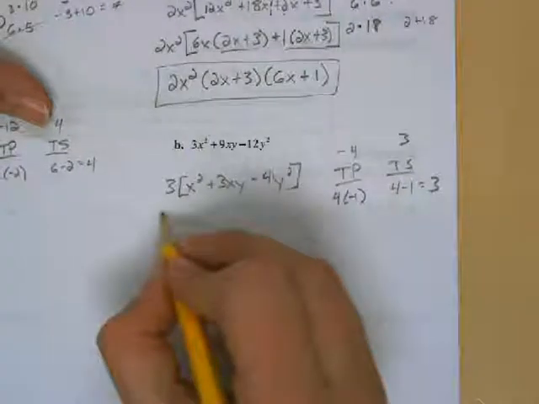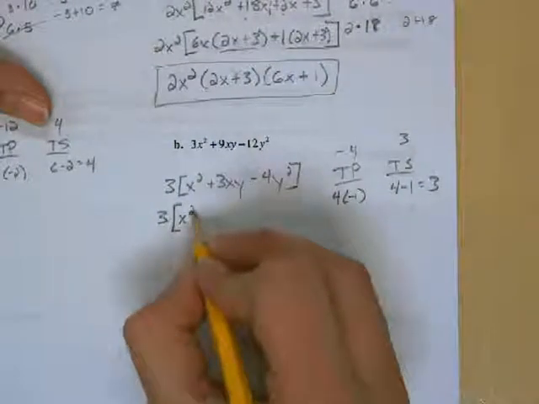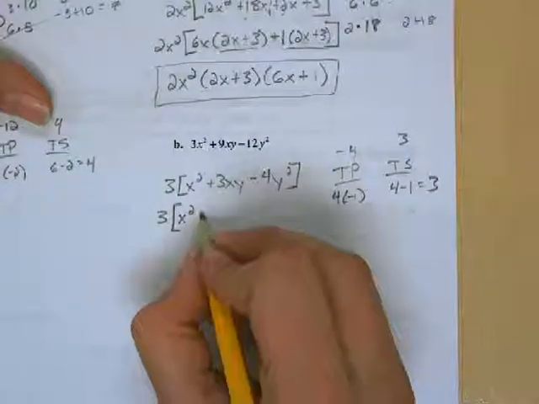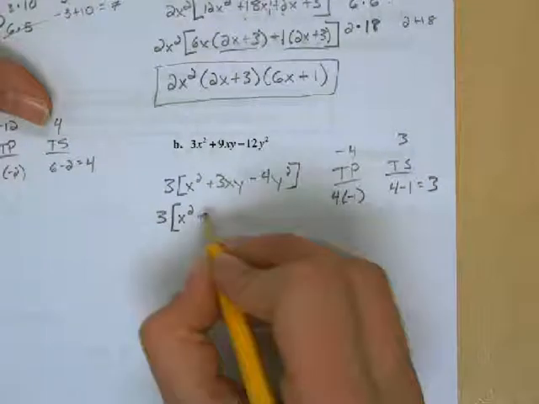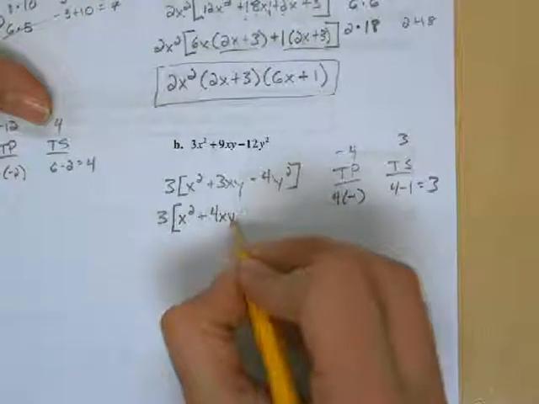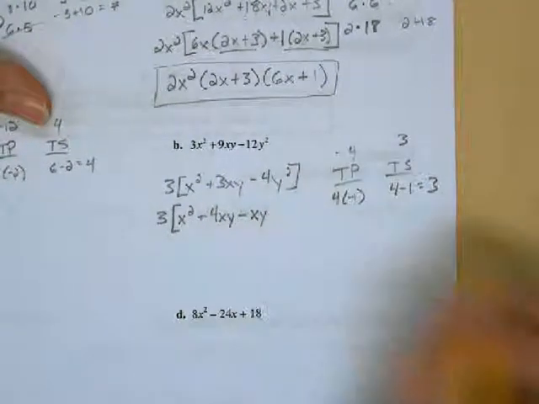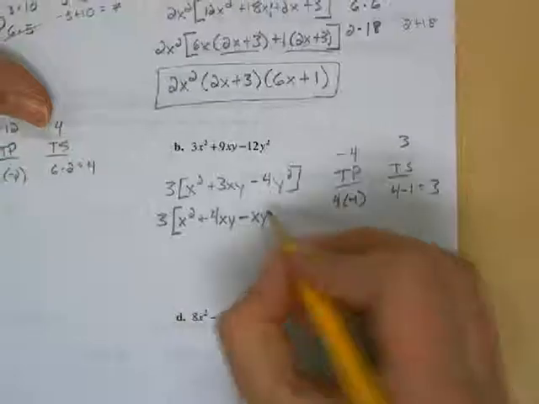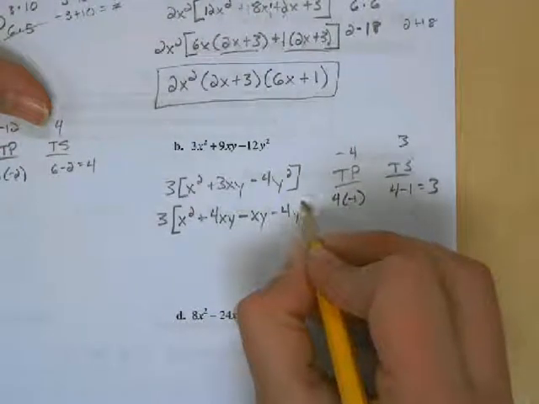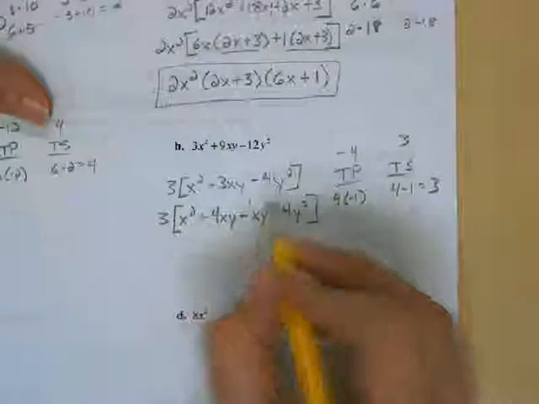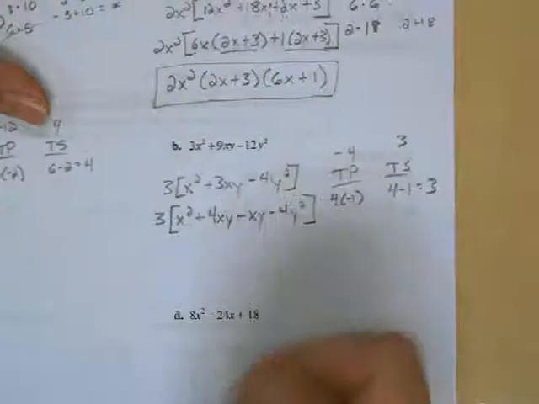Here we go, 3x squared plus 4xy minus xy, or 1xy, you don't have to write the 1, minus 4y squared. Factor by grouping. See, I almost did it again. Be careful with those negative signs.